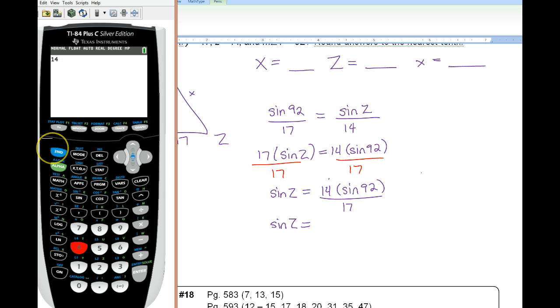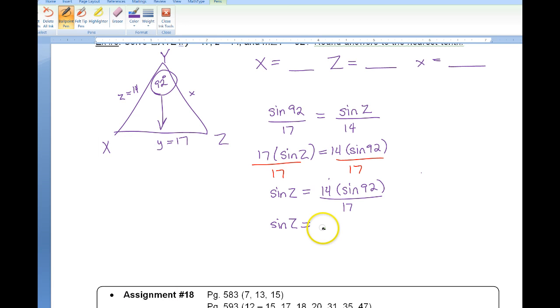So 14 times sine of 92, divided by 17. Make sure you close parentheses. I get 0.8230. Remember, if you're going to use the trig functions on your calculator sheet, always round to 4 decimal places. And then z equals sine inverse of 0.8230.